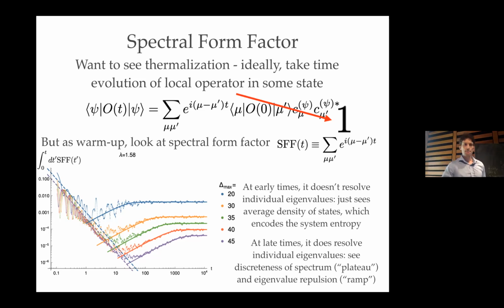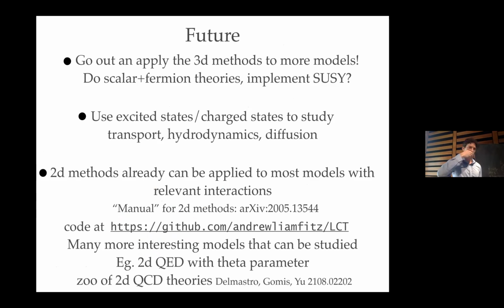Okay. So good. So that's all I wanted to really show today. Let me say a few words about what I think is interesting in the future. So I mentioned that there's been progress on applying these methods in 3D. It seems like scalar theories in 3 dimensions are now under control. I think fermions are also under control. So it'd be interesting to do a theory with both. It might be possible to implement supersymmetry.